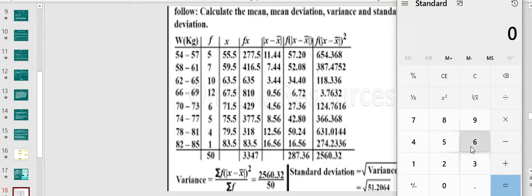Then 67.5 minus 66.94, and this is equal to 0.56. Then 71.5 minus 66.94 equal to 4.56.